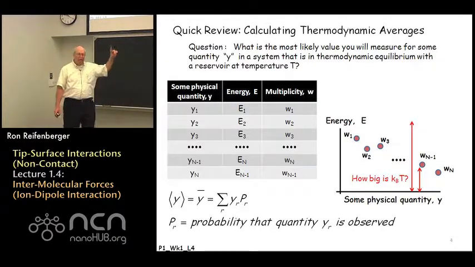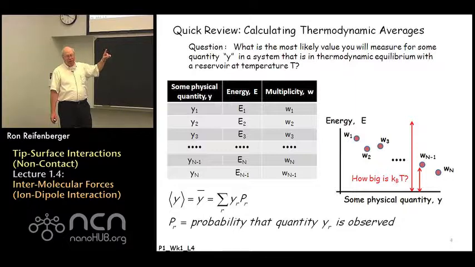So if you want to calculate the thermal value of Y, what you have to do is find the probability that each value of Y would be observed.